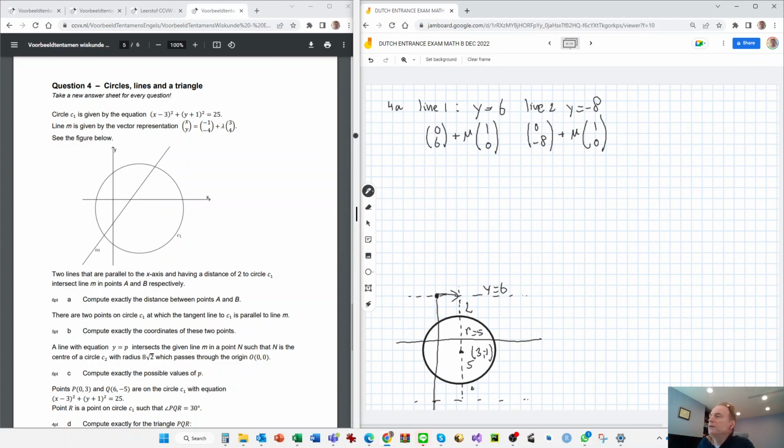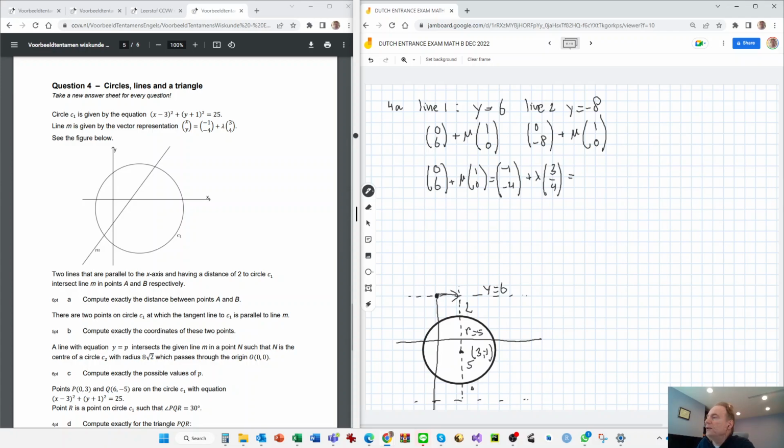So let's first intersect this with M. We just need to set (0, 6) plus mu (1, 0) equal to (-1, -4) plus lambda (3, 4).